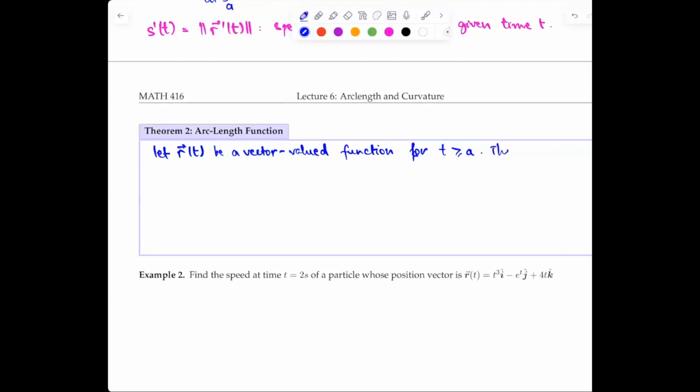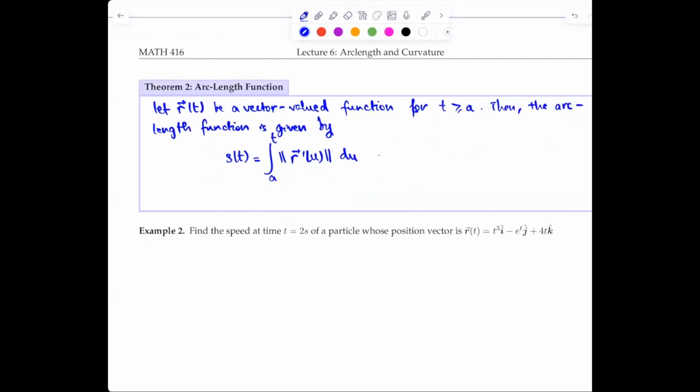Then the arc length function is given by s of t equal to the integral from a to t of the magnitude of r prime of u du, provided that r prime of t is differentiable.